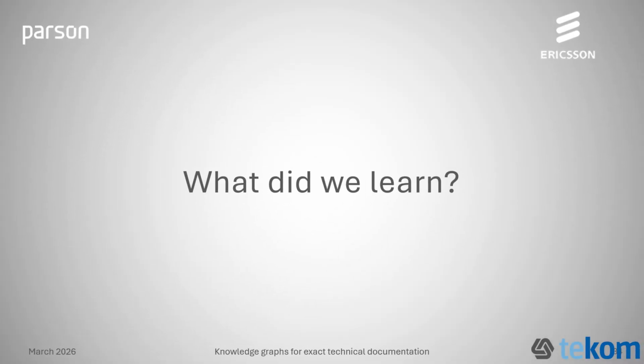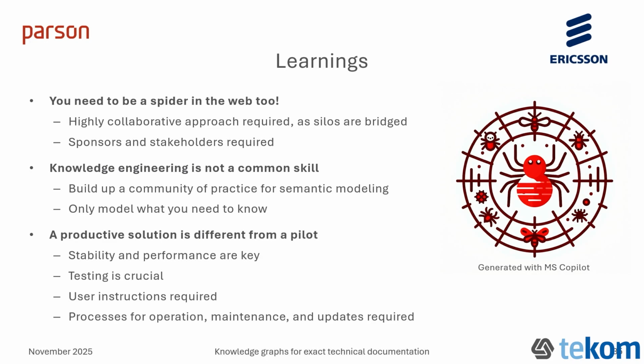Okay, so what did we learn? We learned quite a lot. This has been a very good experience working with knowledge graphs, because they do actually what we expected them to do. So we reached our goals. But if you want to bridge silos in a company, especially in a larger enterprise, you need to be a bit spidey as well, because you have to connect people.